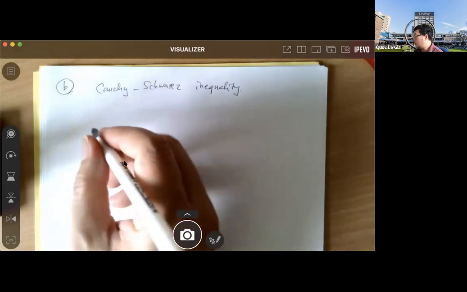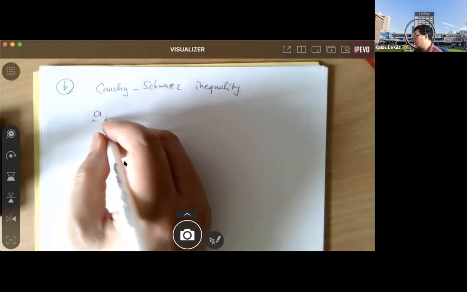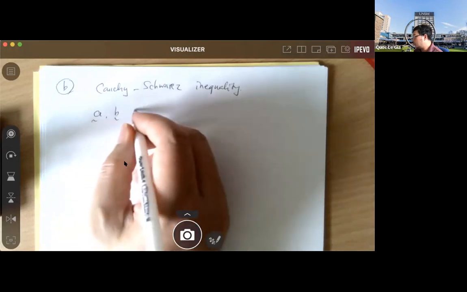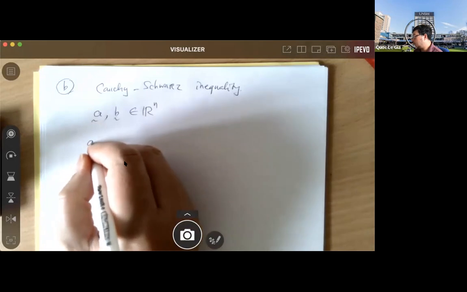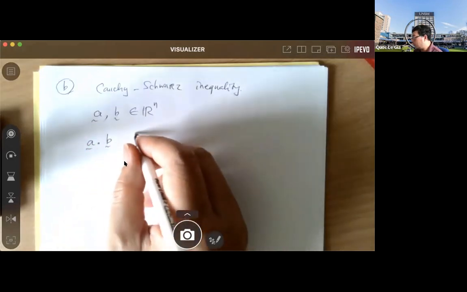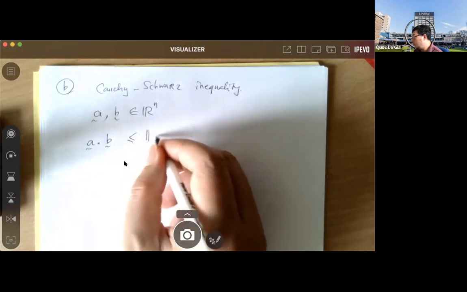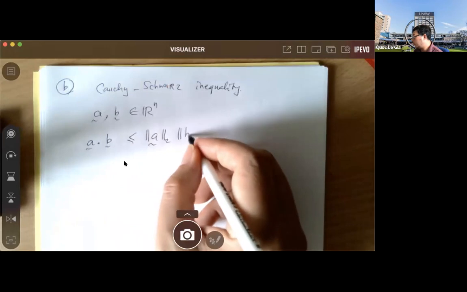So have you seen this inequality before? So a and b are two vectors in Rn, and when you take the dot product of the two vectors, it will be less than or equal to the two norm of vector a times the two norm of vector b.